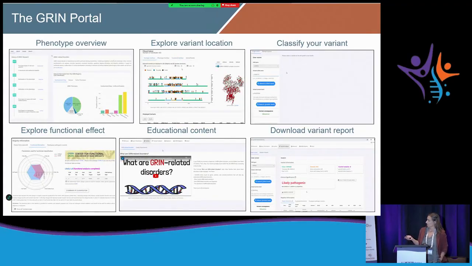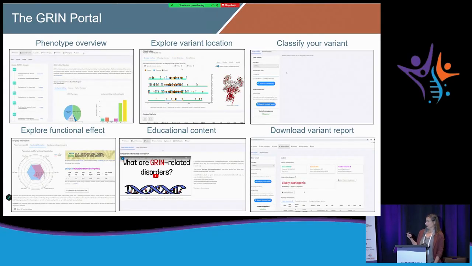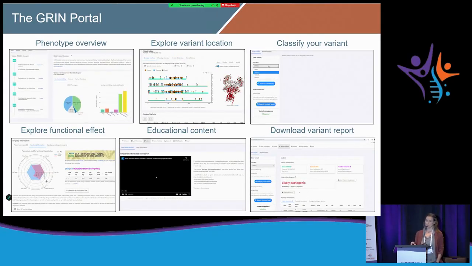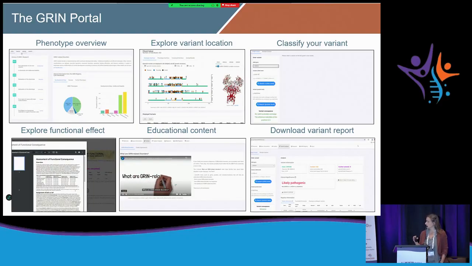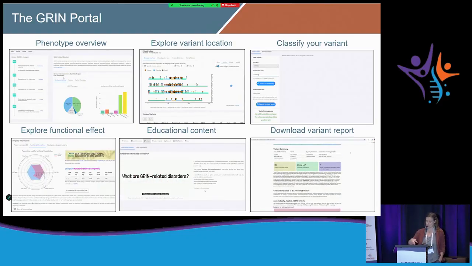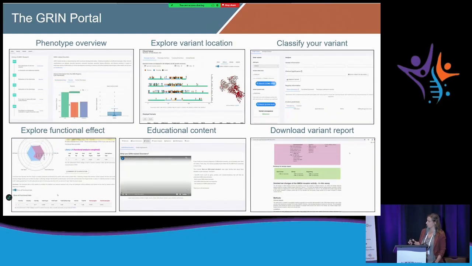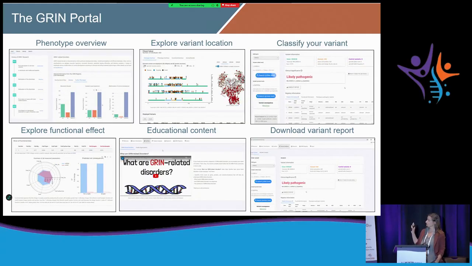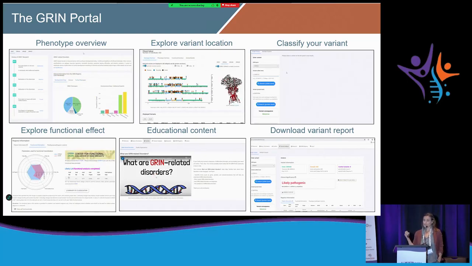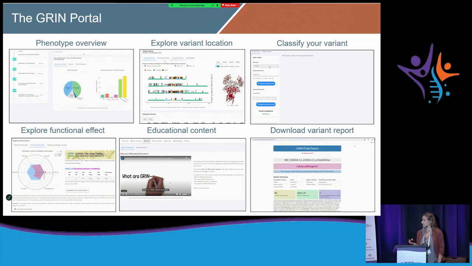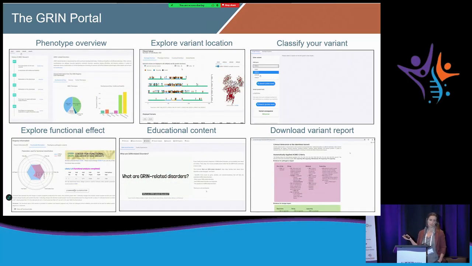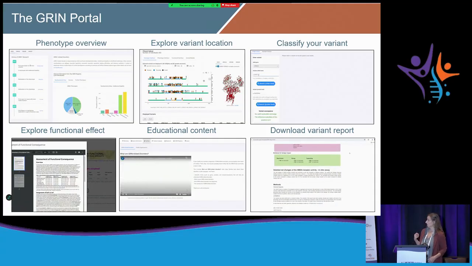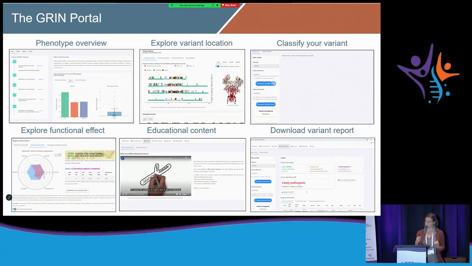So in the GRIN Portal, you can have information about the phenotypic overview of your variant, or a specific gene, or the whole set of GRIN genes. You can explore the location where the variant is located on the structure. You can classify your variant, explore its functional effect from experimental data. And of course, there's also educational content, and you can also download a report for a specific variant of interest.